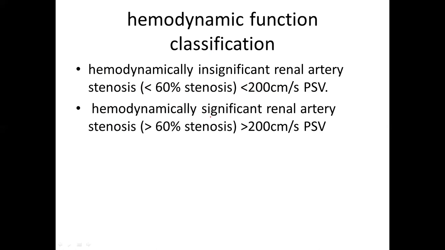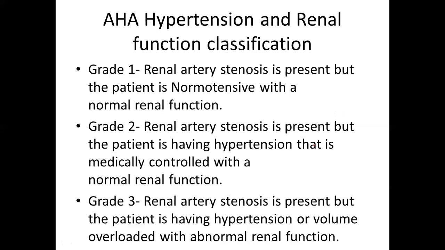We say hemodynamically insignificant when we have peak systolic velocities of less than 200 centimeters per second, usually less than 180 centimeters per second. Then we should also establish that there is hemodynamically significant renal artery stenosis if our peak systolic velocities are more than 200 centimeters per second. So this is classification using hemodynamic function.